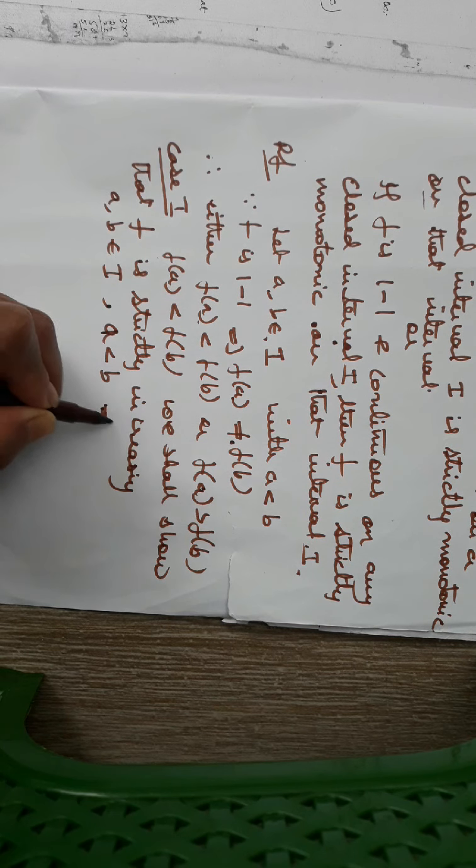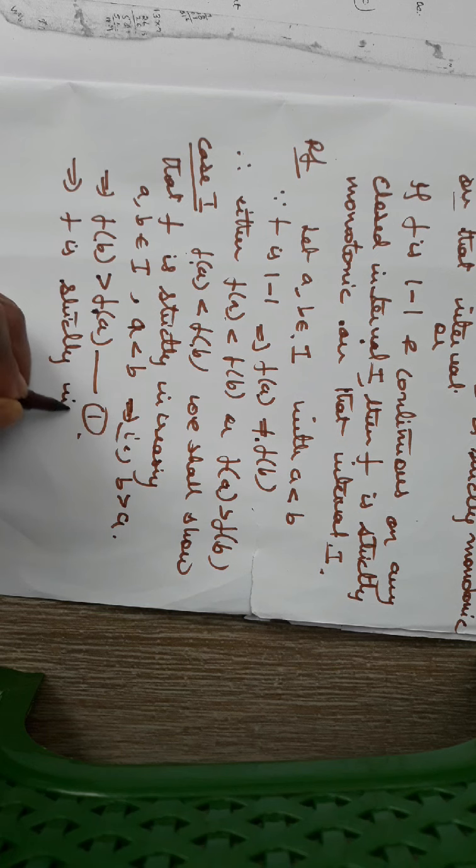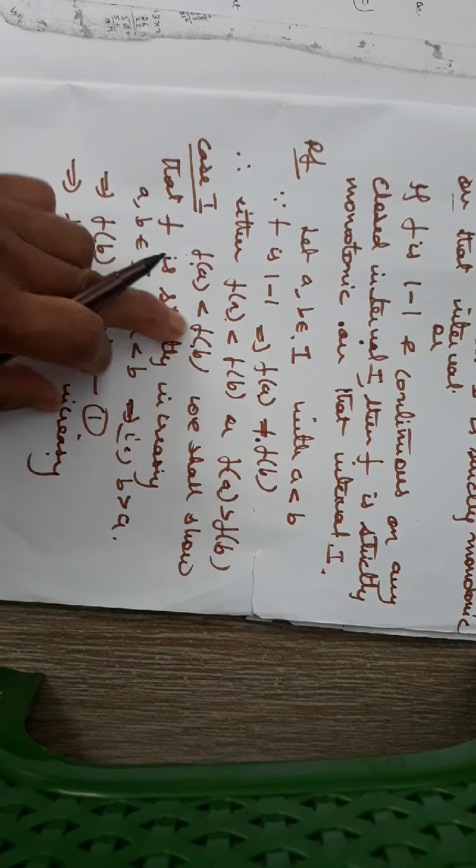Here A and B belong to I, and A is less than B, which means B is greater than A. It implies that f of B is strictly greater than f of A. We assume f of A is less than f of B, which means f of B is greater than f of A. Name it as equation 1. So this implies that f is strictly increasing. With f of A less than f of B, A less than B implies that f is strictly increasing.